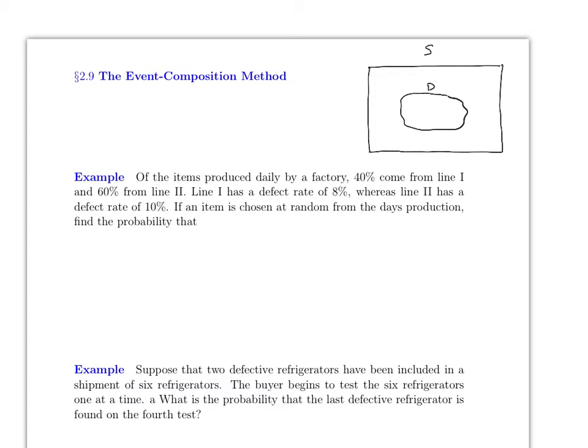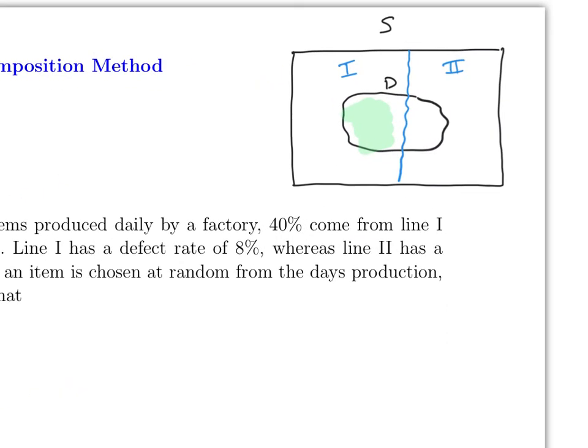But you can cut the sample space into two pieces. Let's say this is 1 and 2, where clearly you can tell that this is the opposite of this, or the complement. So 1 and 2 are the complement of each other. Therefore this part right here, which I will highlight in green, is technically D and 1.